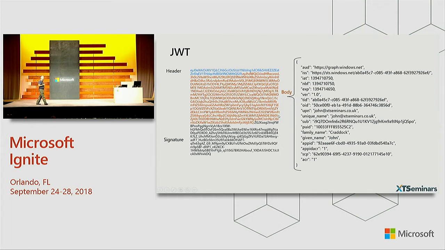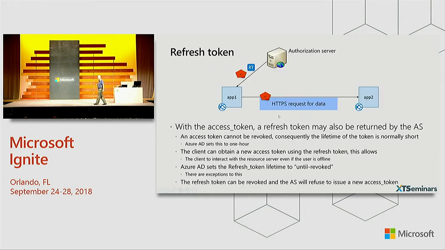The body is a JSON document, so it self-describes what the data is, and it's almost readable. Aud is audience, iss is issuer, iat is issued at, nbf is not before, and exp is when the token expires. As I said yesterday, that's in epoch time, or Unix time. It's the time since the 1st of January 1970, in seconds.